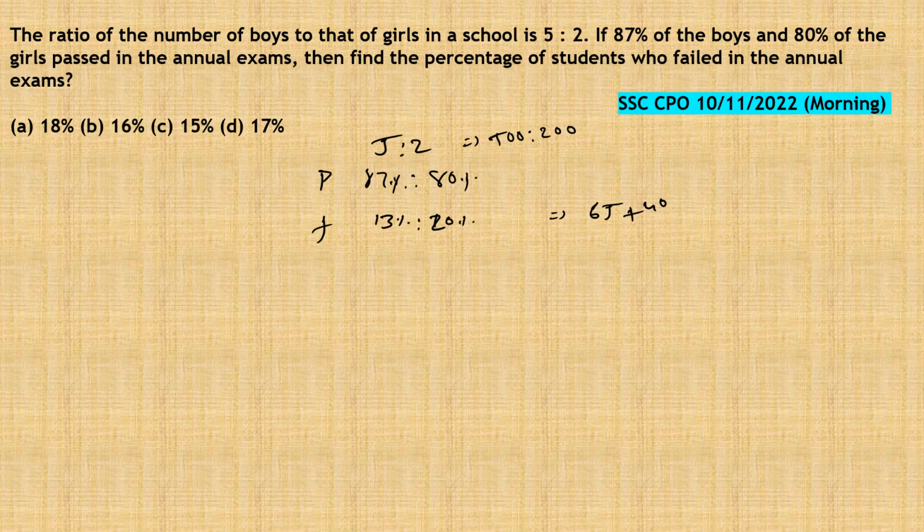This is the total number of students failed. We need to find the percentage. The total number of students is 500 plus 200, that is 700. Two zeros cancel. 65 plus 40, that is 105, divided by 7. 15 sevens are 105, so 15% is the answer.